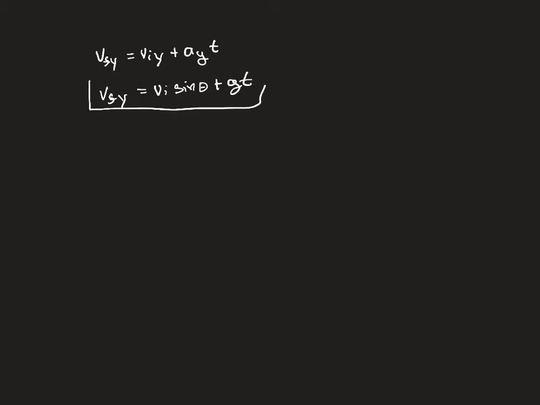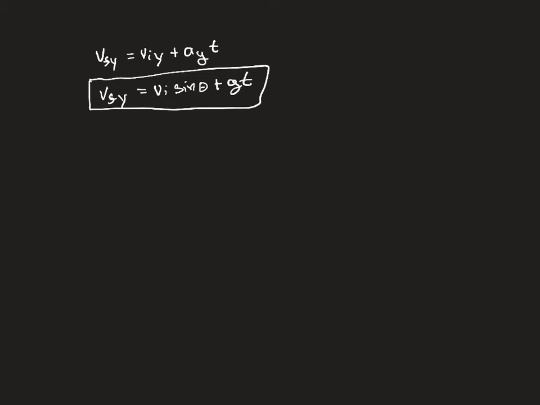So this tells us that as time progresses, our velocity is going to decrease, until 0, and then come back down increasing, but in the negative direction. So this is the equation that gives us that behavior with the velocity.